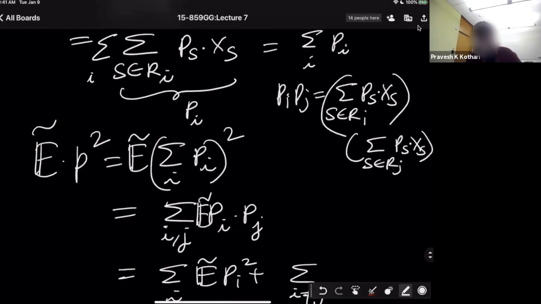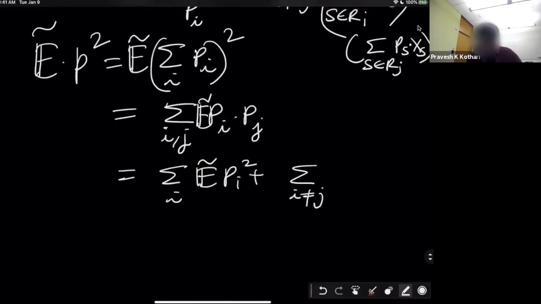So property 2 implies that this must be 0. So I only have to worry about these individual square terms. So now, we've reduced our problem to proving that the pseudo expectation of p_i square is non-negative, where p_i is a polynomial whose monomials are all in the same equivalence class.